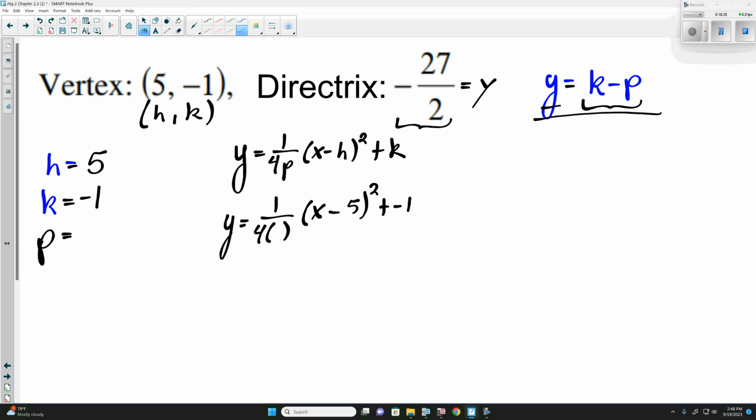So our y equals lines up with our y equals. So what we're saying is k minus p is -27 over 2. Because when we subtract whatever the value of p is from our k, we should get -27/2. We should get what our directrix value is. Questions on this here?